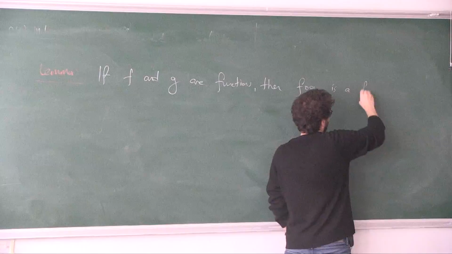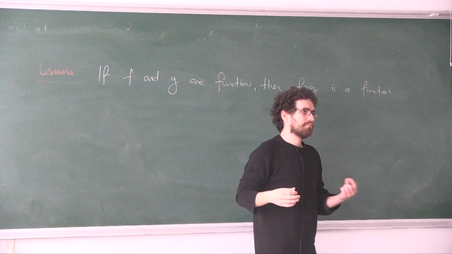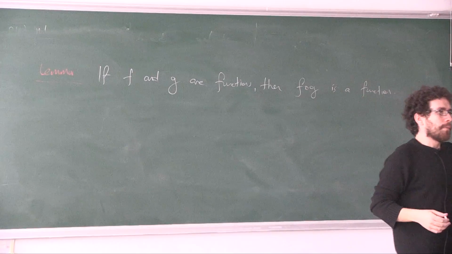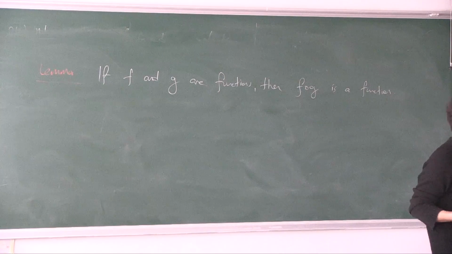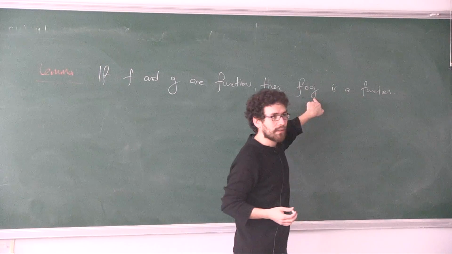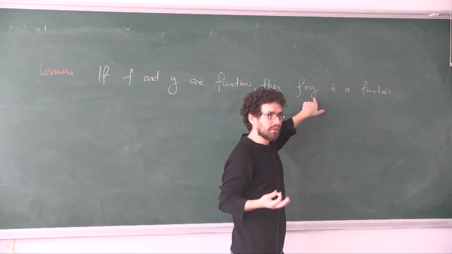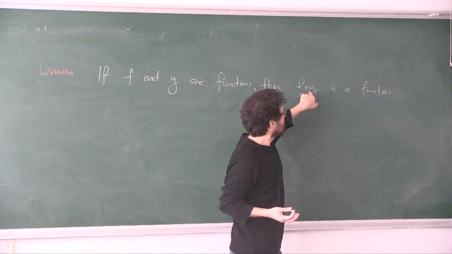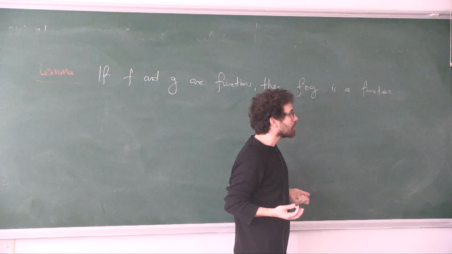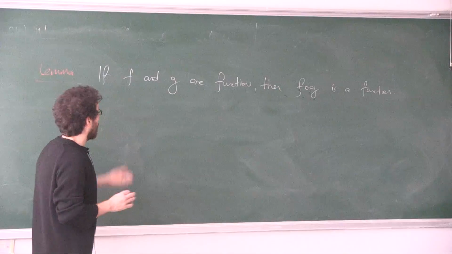Now, you'll probably say, of course, this is a function, because when you learned composition for the first time, you learned the composition of functions. But I gave you a more general definition, right? There's the notion of composition of relations. These are relations. This is the composition. Let's prove that this is also well-defined whenever f and g are well-defined, okay?